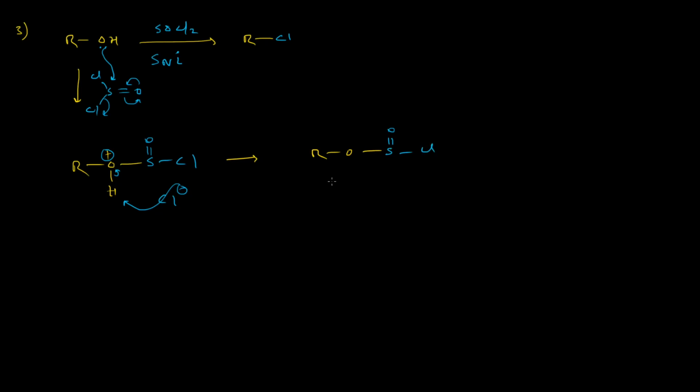So this is basically our chlorosulfide intermediate, and then this will undergo a bond dissociation, and thereby sulfur dioxide will release from the system.